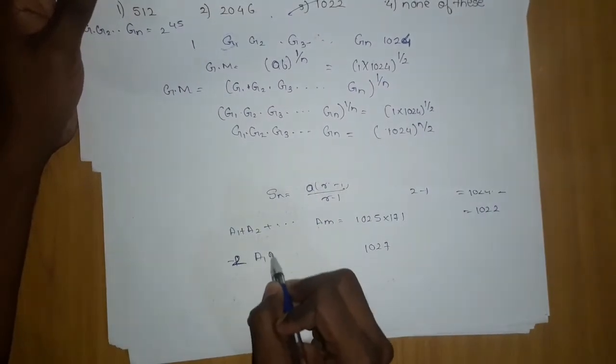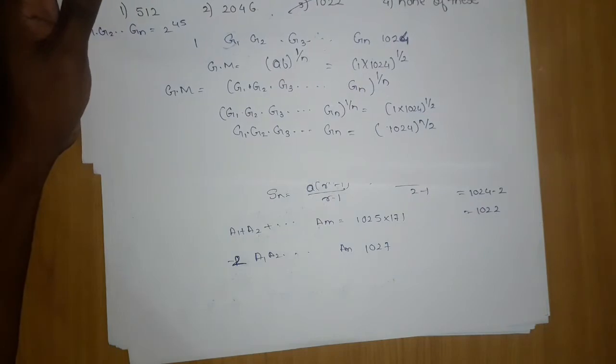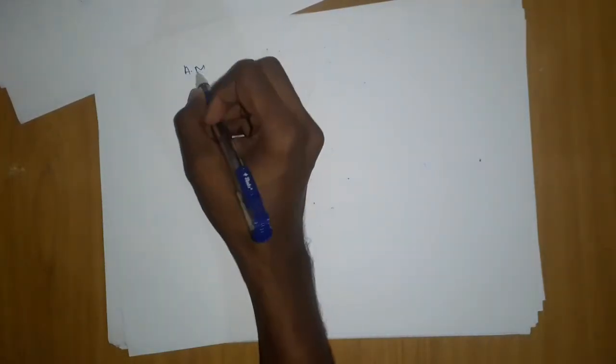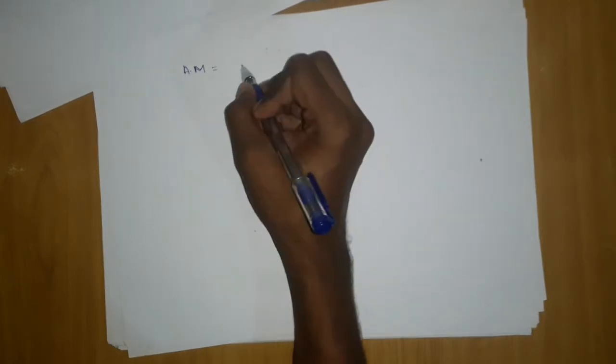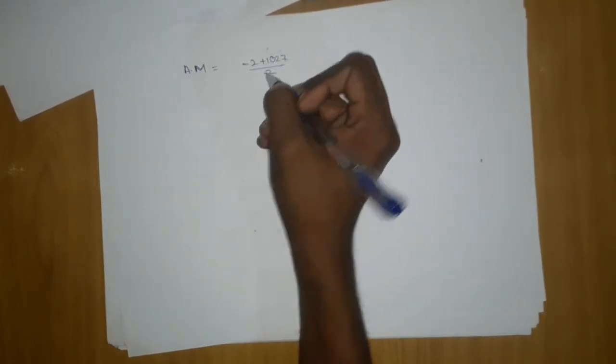Between them A1, A2 and so on till Am are present. This is the information they have given. Now what we need to find is the number of arithmetic means. So can I get AM? Yes, I can easily get AM. AM is nothing but minus 2 plus 1027 by 2.